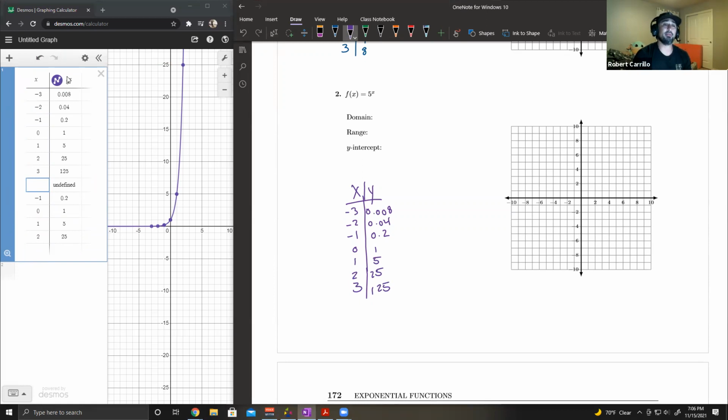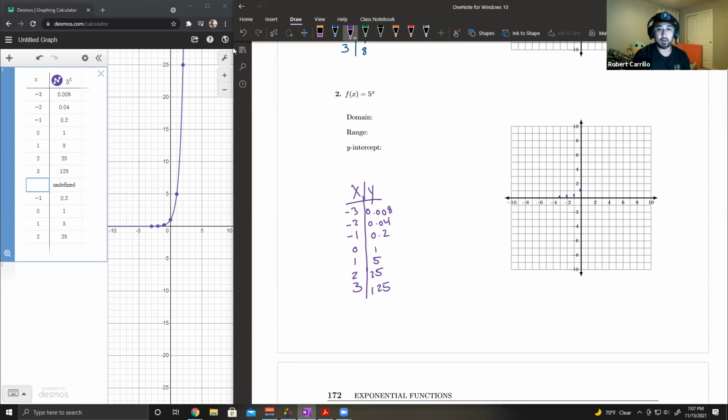We're not going to be able to fit the last two on our graph, but again, it's going to look very similar to the graph that we just did above. Graphing this, at -3 you're at 0.008, which means you're really, really close to the x-axis. Then at -2, you're not much higher. At -1, just a little bit higher.